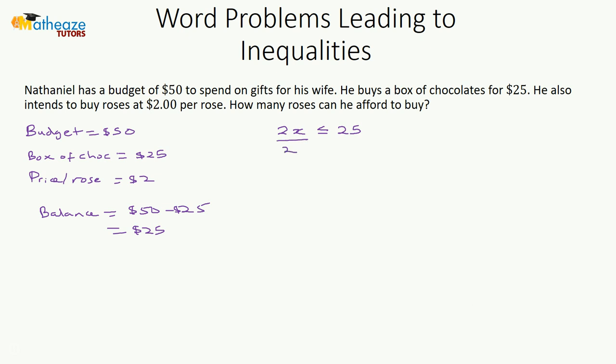So we divide by 2 on both sides, and we get x is less than or equal to 12.5. Now he can't exceed $25, so he can only buy 12 roses.